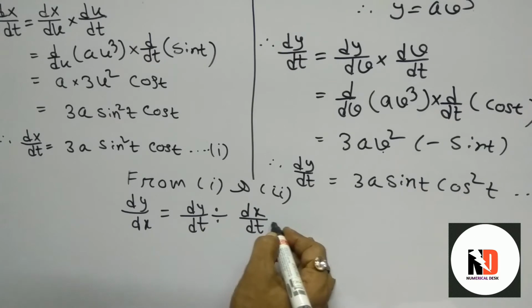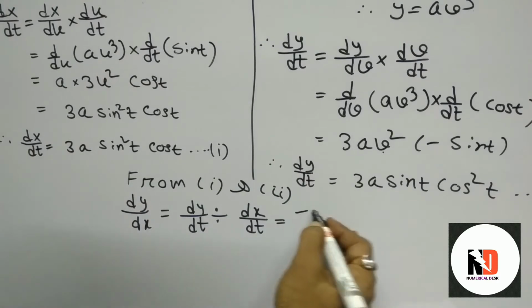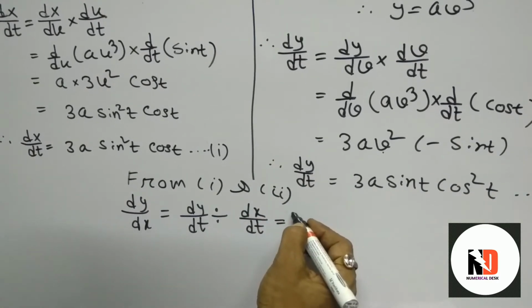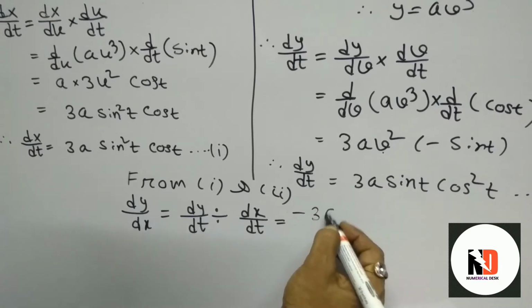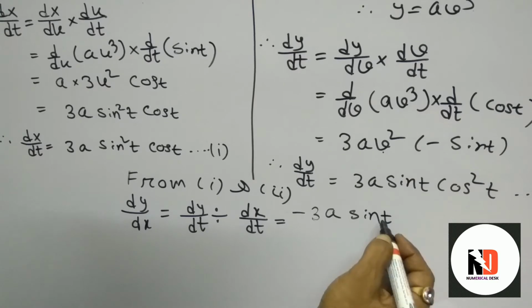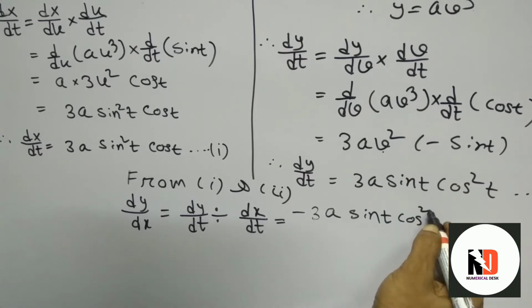Now just simply put the value: dy by dt equal to minus 3a, of course. It will be, see above, 3a sin t cos square t, it will be minus 3a. I am correcting it.